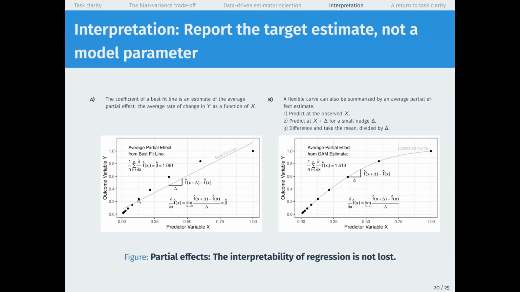Meanwhile, the classical statistical estimator has a best fit line that's heavily influenced by these couple of high leverage points at the top right, and so it has a flatter average slope, even though most of the data is down here at the bottom left, where a steeper average slope might be a better fit. So if we can report the target estimate, we can often come back to an interpretable quantity, even if the prediction function we fit is more complicated than the ones we might have fit with classical statistical methods.